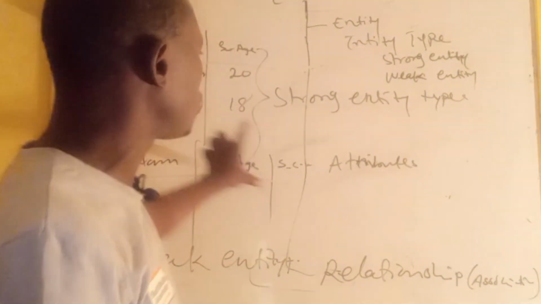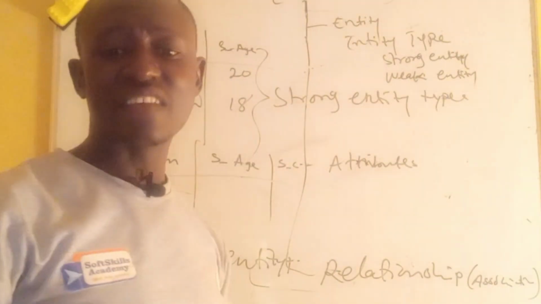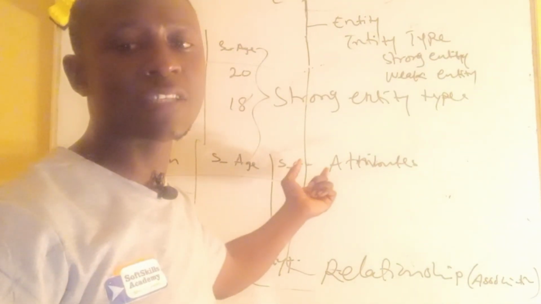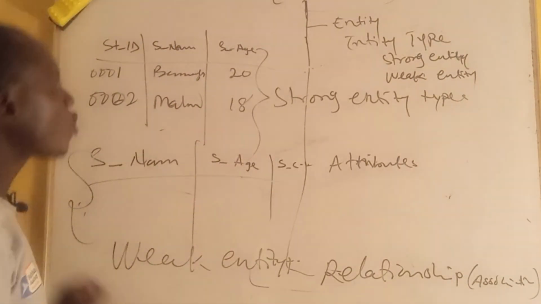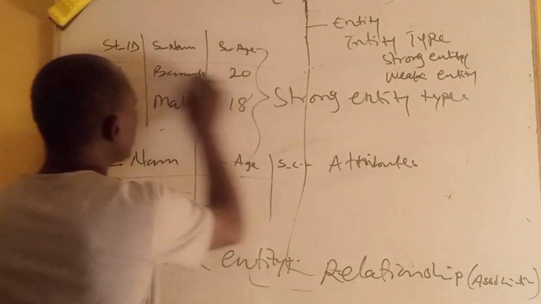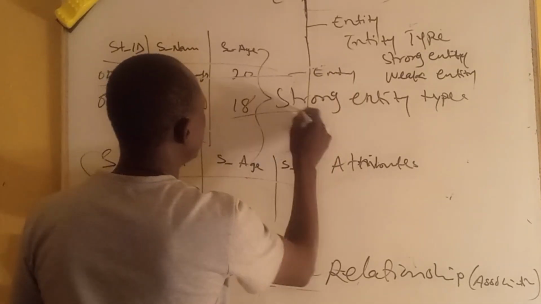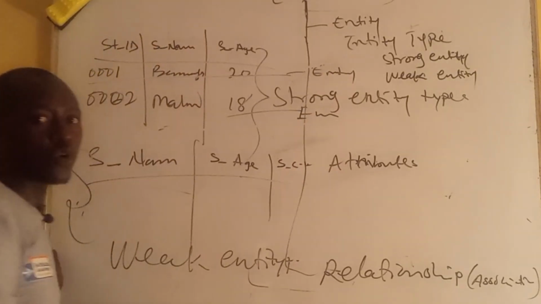That is why we are going to regard this as a weak entity and the other one as a strong entity. The whole of this record is an entity, and so on and so forth.